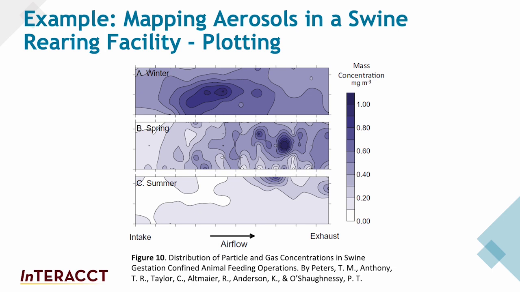Further increases in ventilation during the summer resulted in high dilution of the particles, which significantly lowered concentrations throughout the building, except, as you can see, a hot spot that happened to be near a door, with particles coming into the building at that point.